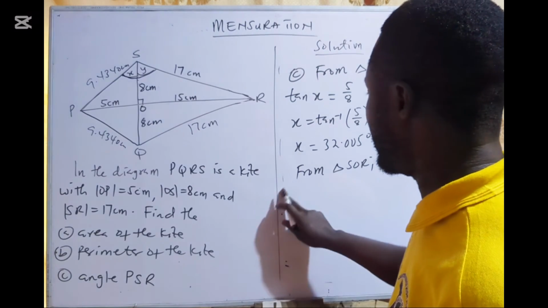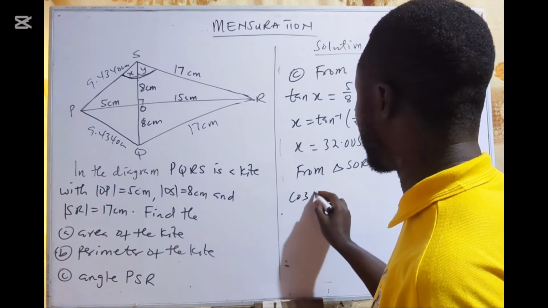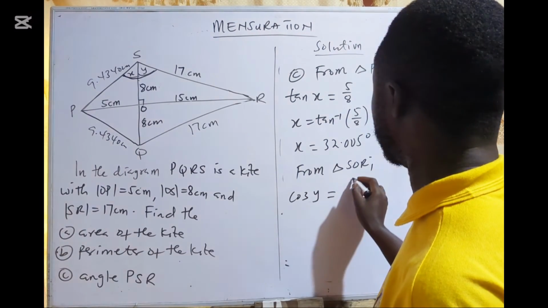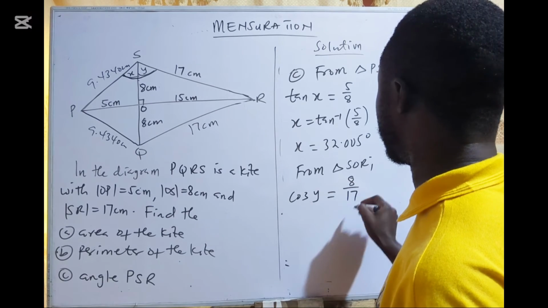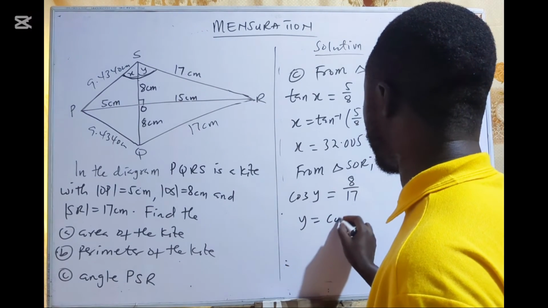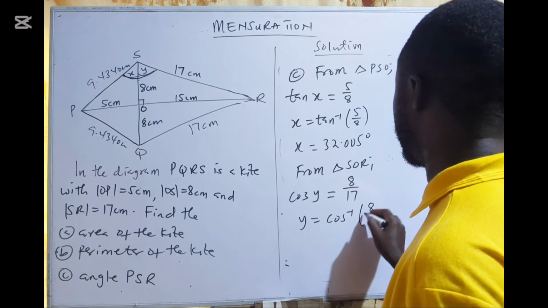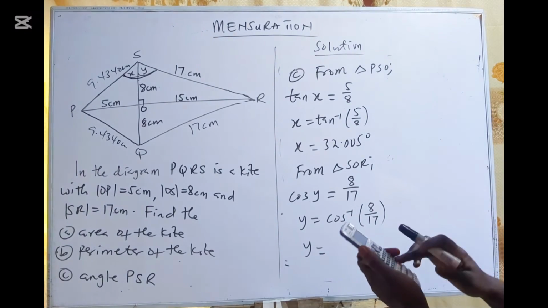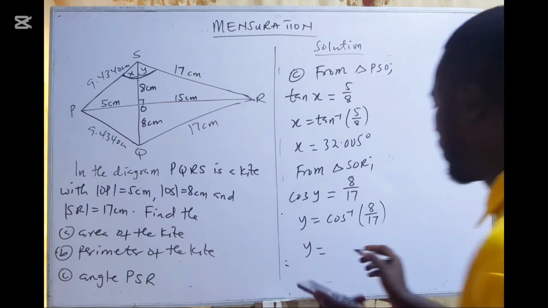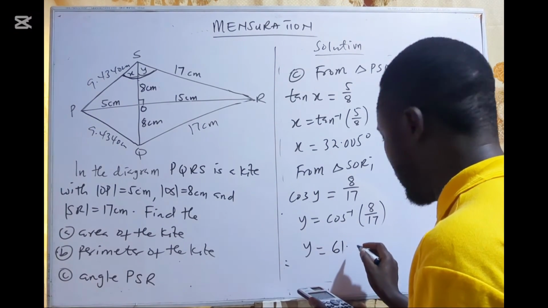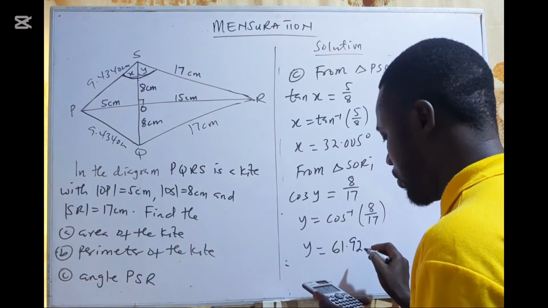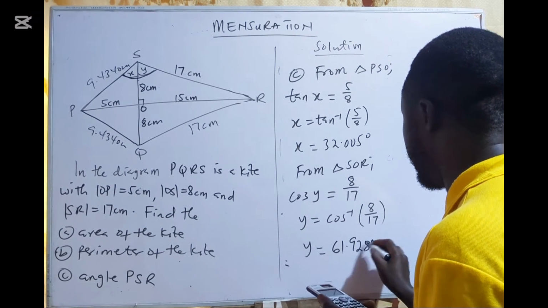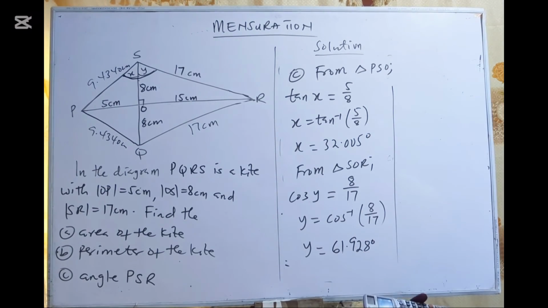So adjacent and hypotenuse, I can use cos. So cos Y is adjacent over hypotenuse, so my Y will equal cos inverse of 8 over 17. That will give me 61.928 degrees. So that is the Y.